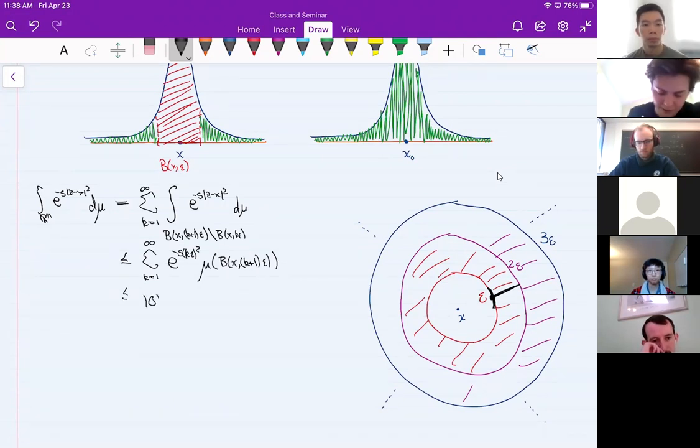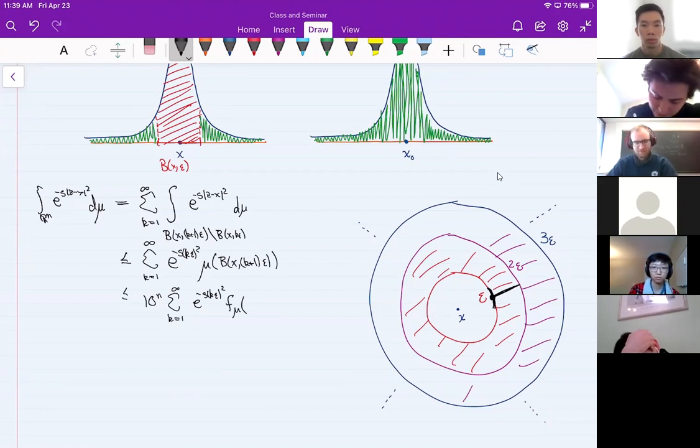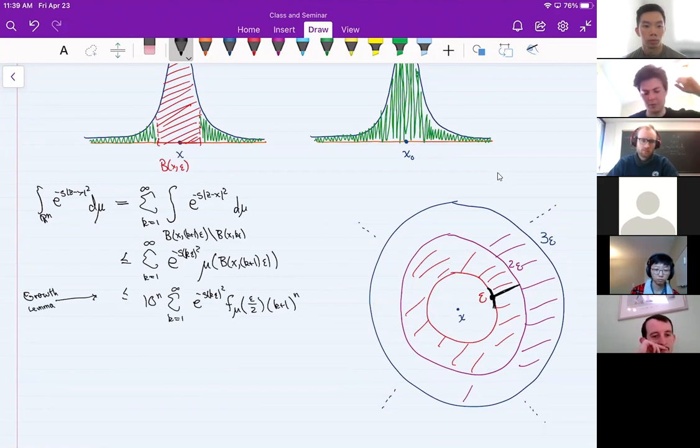If I write this out using the distribution function, because mu is uniformly distributed, I also used the growth lemma here as well.